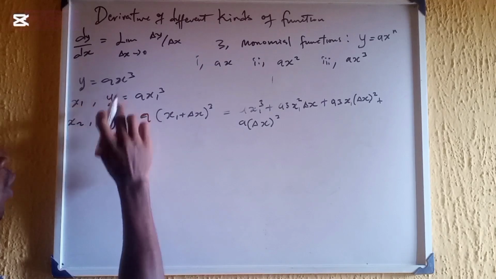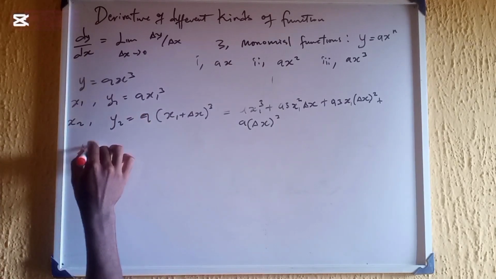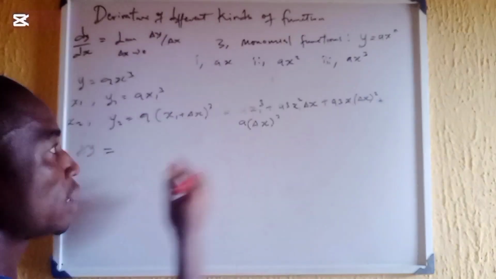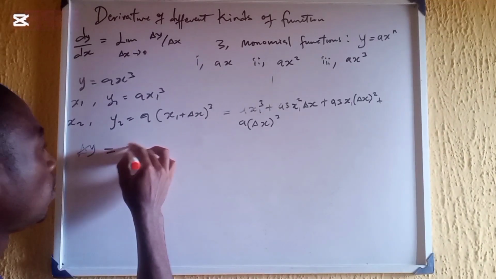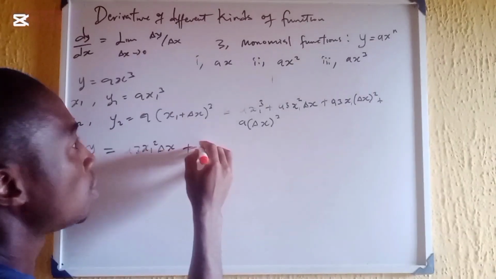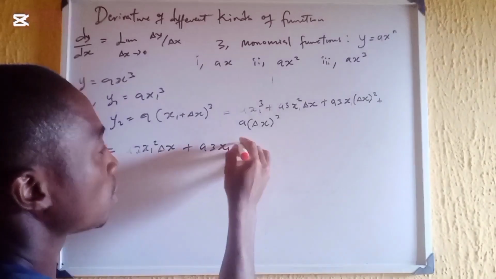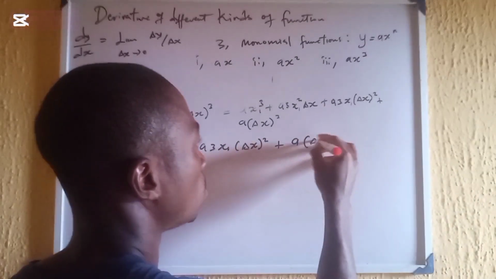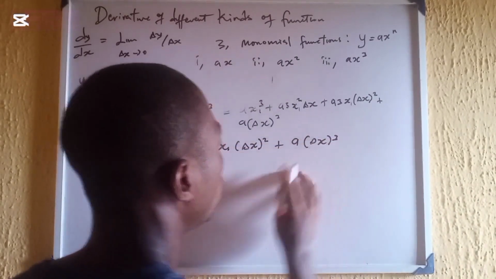So subtracting y1 from y2, we're having change in y is equal to, we have ax1 cube, so we remove ax1 cube from it. We're having a3x1 squared change in x plus a3x1 change in x squared plus a change in x cube. So what do we do?